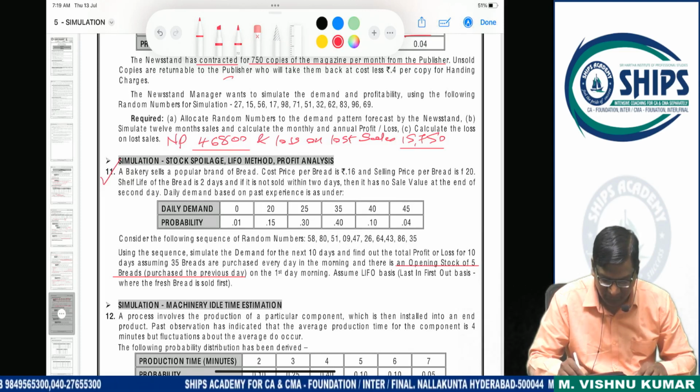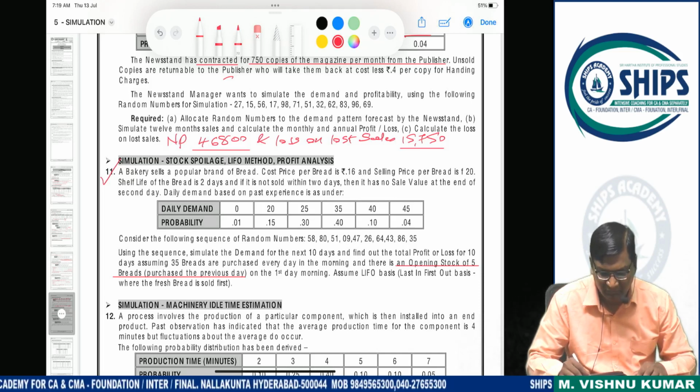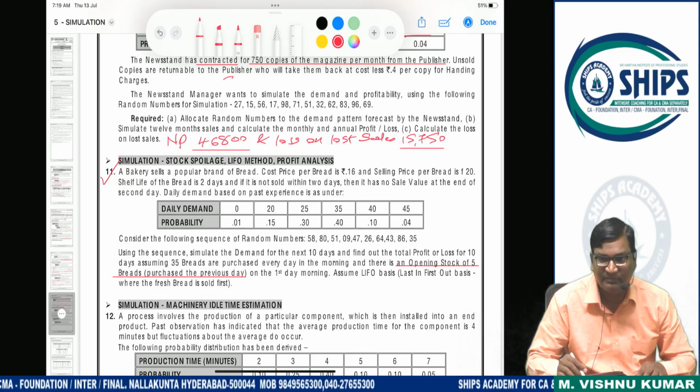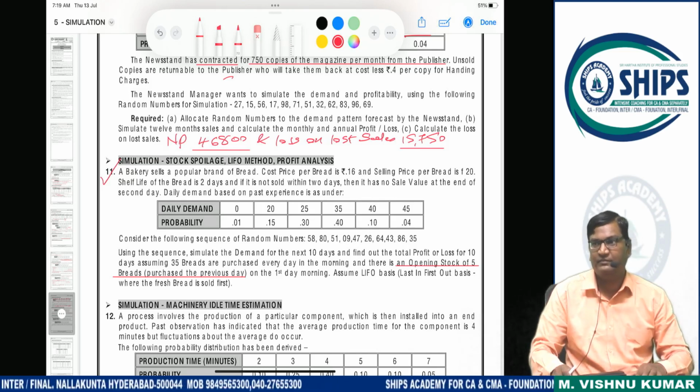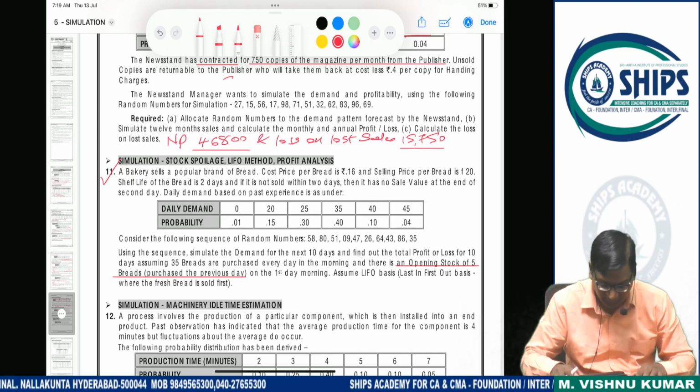So there is no realizable value for this item. Ultimately this will not be carried forward for next day also. So this must be spoiled. And in closing stock also this will not come. Why? Because it is spoiled. So spoiled items will not carry forward for next day. Ultimately it will be spoiled.